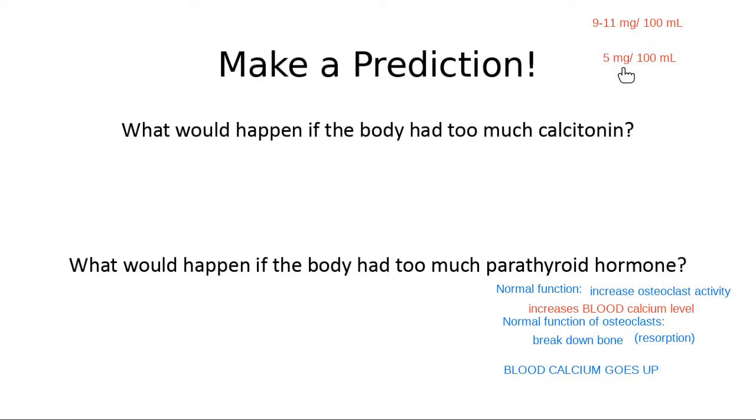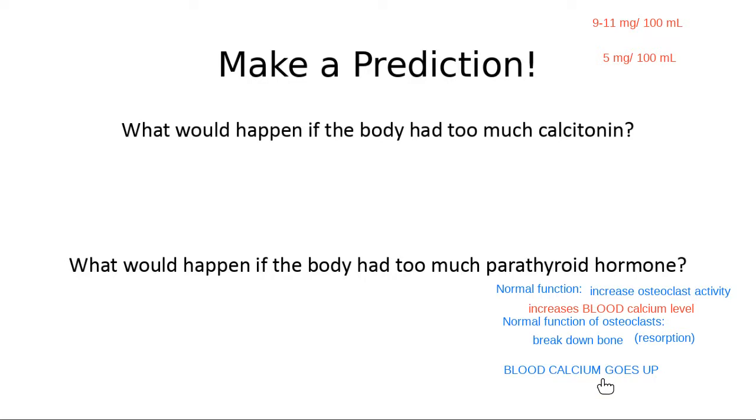So my body spits out parathyroid hormone, because parathyroid hormone talks to osteoclasts. And it says, hey, osteoclasts, you have the ability to break down bone tissue, and bone tissue is where I have calcium stored. So if you break down that bone tissue, the calcium that was stored in the bone is free to go into the bloodstream.